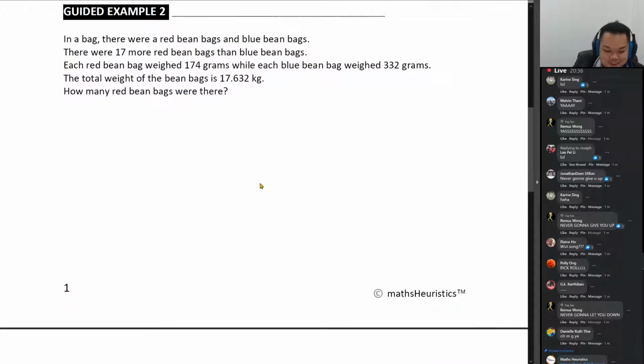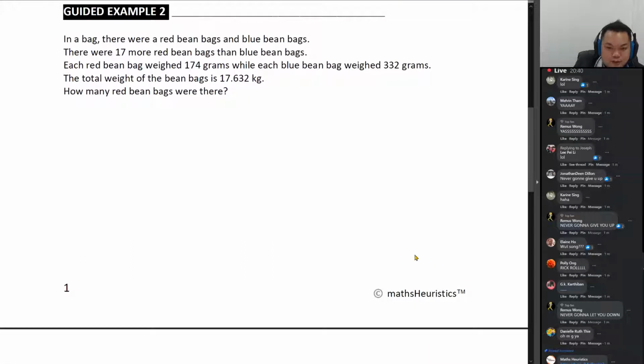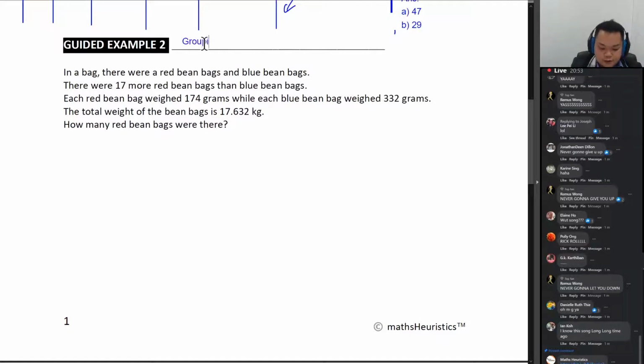Okay, so let's go on to number 2. So I said that guess and check can be used as a last resort. Now in certain cases like this, it is more advisable for you to use the more traditional one, which is more on grouping or number times value equals to total value.